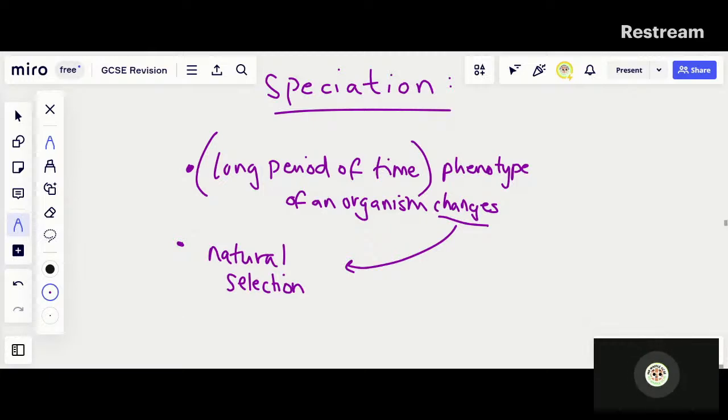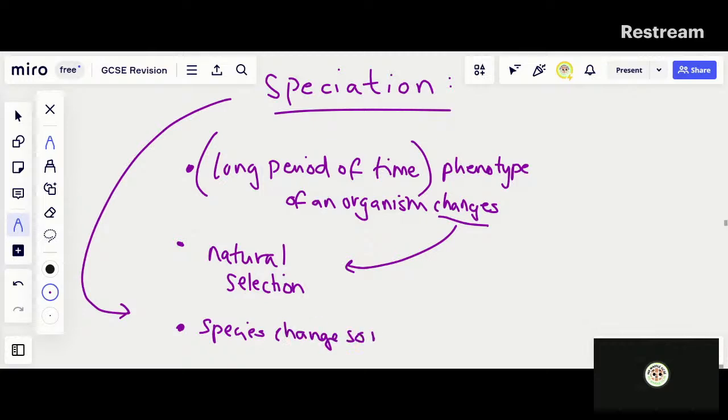Now, sometimes speciation occurs when species change so much that eventually a new species just forms.